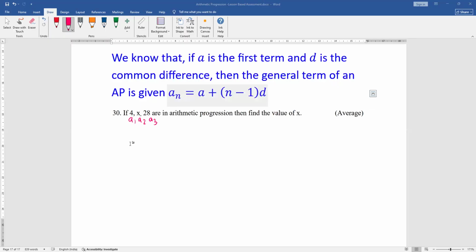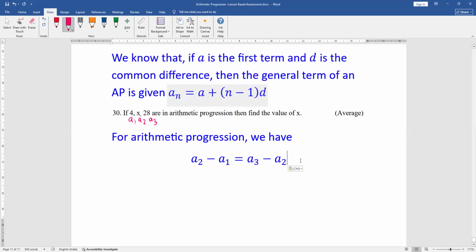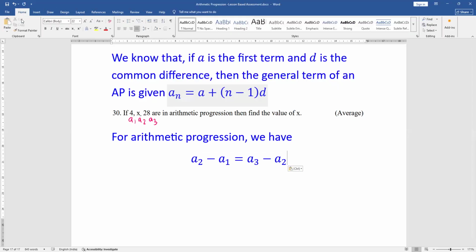So I use one basic thing about arithmetic progression. What is the basic concept of arithmetic progression? Second term minus first term equals to third term minus second term. Correct? Now I will use that, that is A2 minus A1 equals to A3 minus A2.